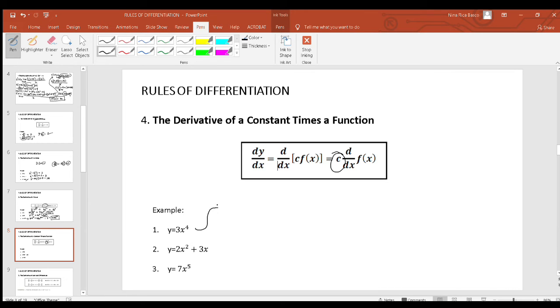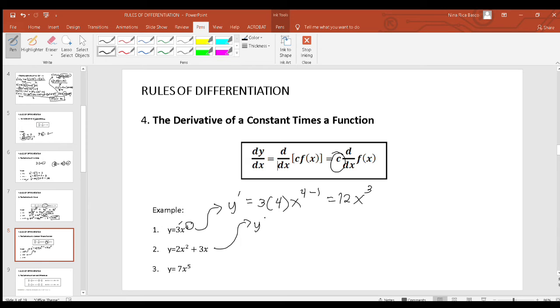For example, the first one, y is equals to 3x raised to 4. Let's write first the coefficient, 3. And then, bring down natin yung exponent times 4. X raised to, yan, power rule natin, 4 minus 1 is equals to 12x raised to 3. How about the next one?